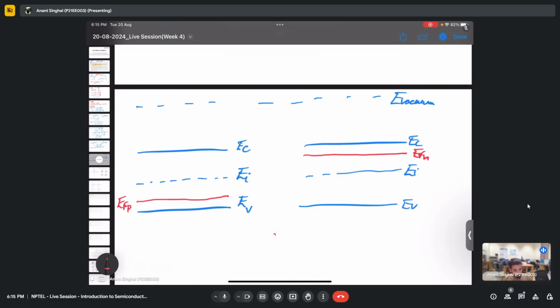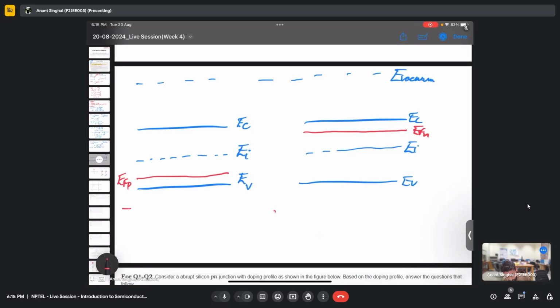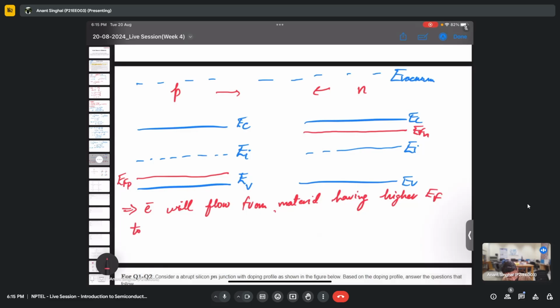The key takeaway I'm trying to tell here is that whenever we join these two bars, a P type bar and an N type bar, electrons will flow from the material having higher Fermi level, higher EF, to the material having lower EF.